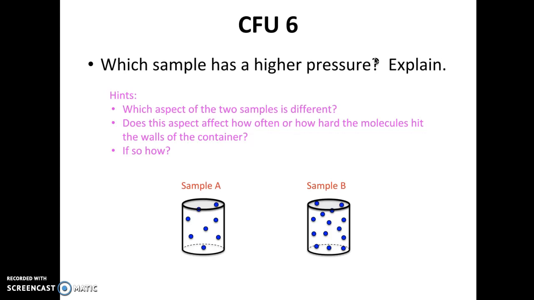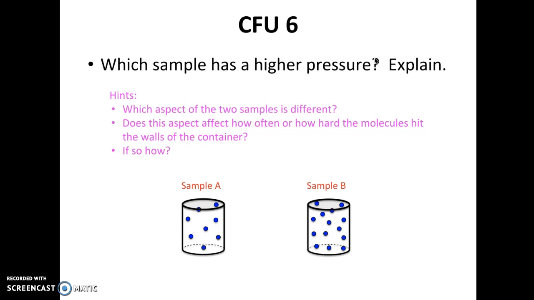Okay, which sample has a higher pressure? And you need to explain. A good approach with this one is to think about which two aspects of the sample are different, and how that difference would affect how hard or how often the gas particles hit the walls of a container.